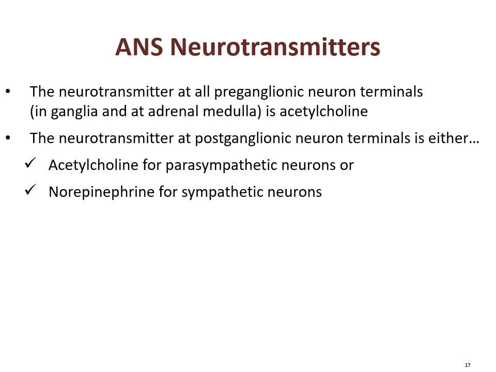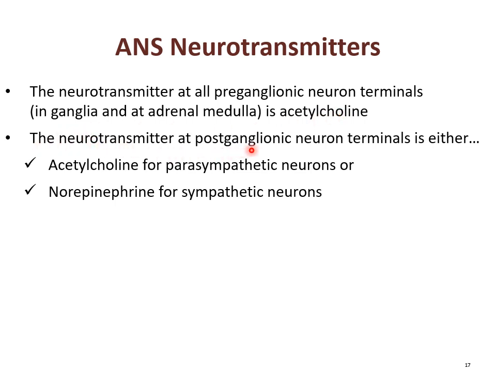So the neurotransmitter at all preganglionic neuron terminals, that is, synapsing in the ganglia, and also at the adrenal medulla, is acetylcholine. This is a little tricky, but some of the preganglionic neurons come out of the spinal cord and synapse directly onto the adrenal medulla, which is kind of like a type of ganglia, and they all involve acetylcholine.